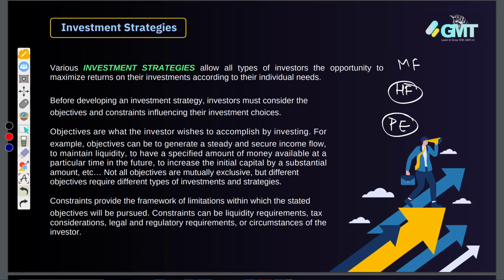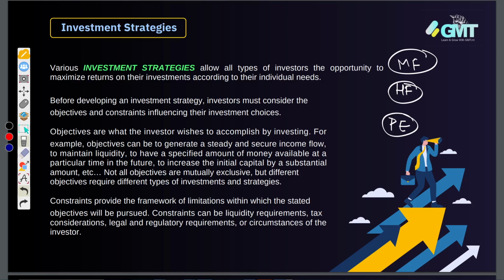So that's how your investment strategies are defined on the basis of investment and on the basis of your individual needs. If you don't have much money, you can invest in a mutual fund. If you have money, you can invest in a hedge fund. And if you have money as well as risk appetite, then you can go ahead with private equity as well.